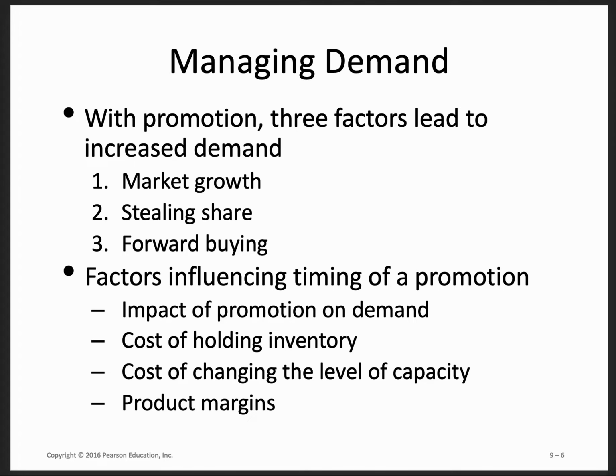So in forward buying, the overall demand for Toyota Camry did not go up, but more people are buying it this month rather than sometime in the future. And based on time value of money, that might actually make a difference for you in overall profit, right? So that's the way in which you can manage demand.